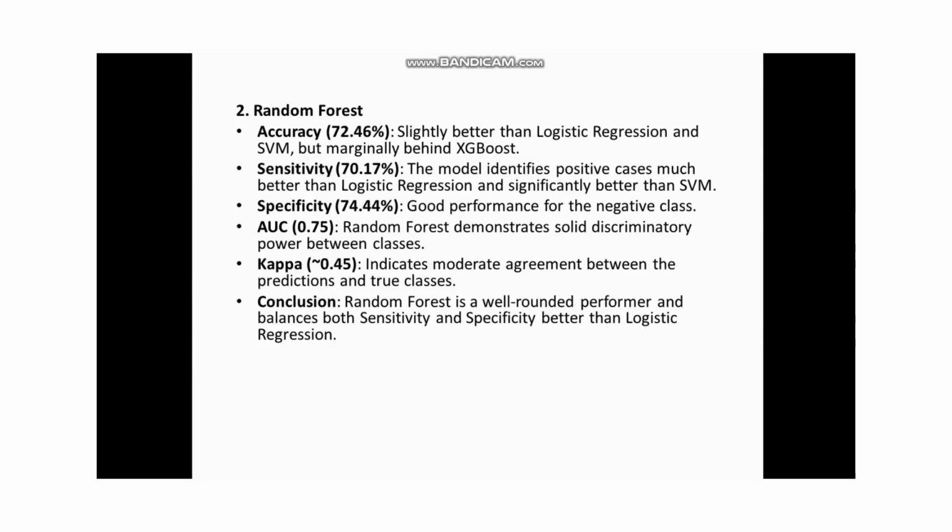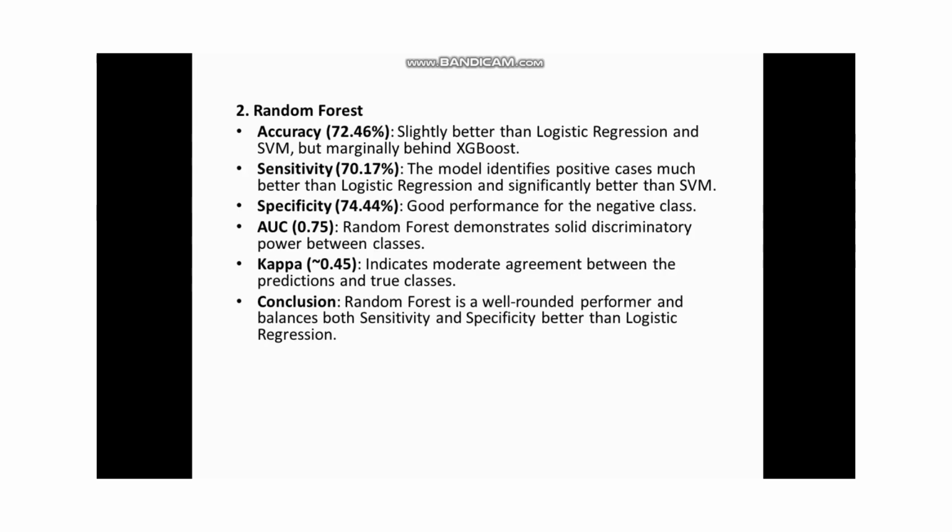Let's go to the next model, the random forest. The accuracy here is 72.46%, slightly better than logistic regression and the SVM, the support vector machine, but marginally behind the XGBoost. Sensitivity is about 70.17%.